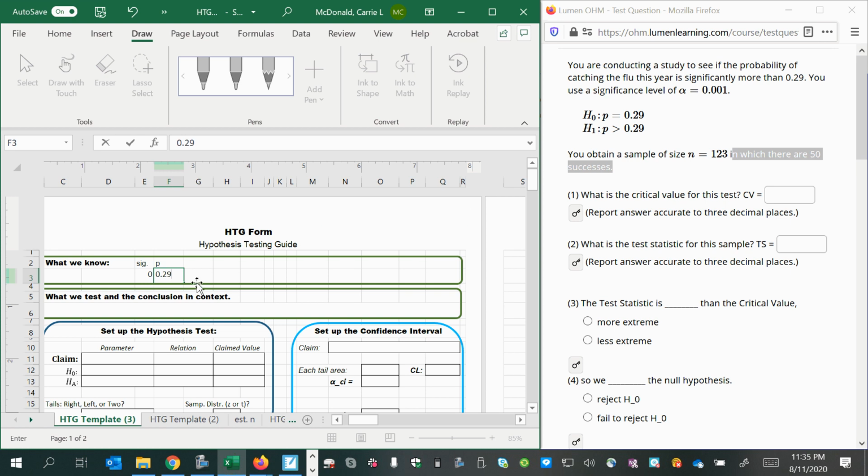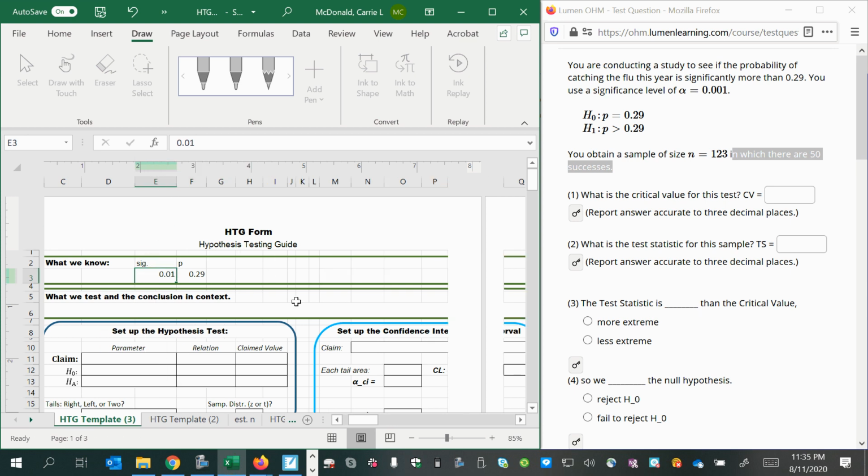We've been given, oh, this didn't show my whole, it's 0.001, excuse me. And then my p-value is given, and then my sample information is that I have a sample of n equals 123. My sample number of successes in the sample is 50, so that's my x.